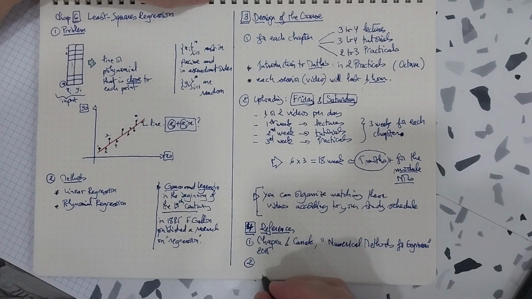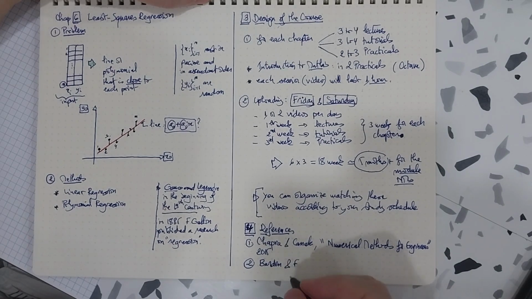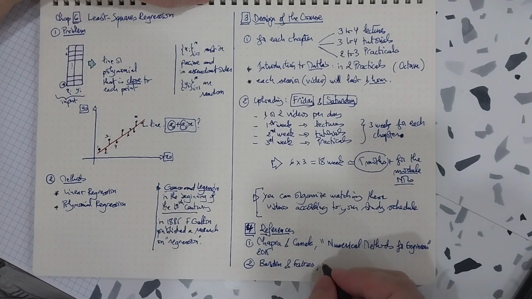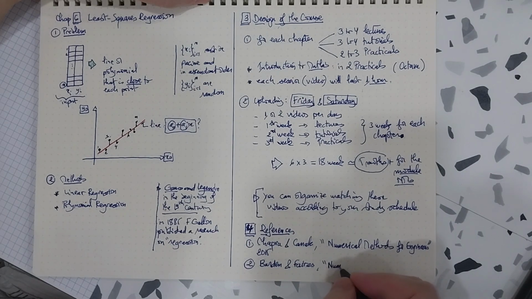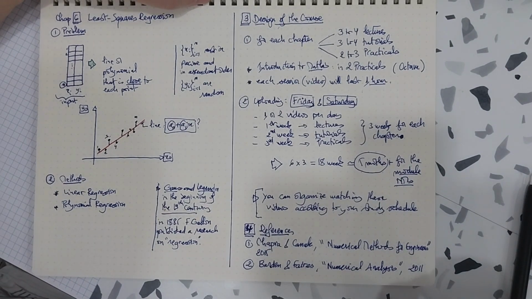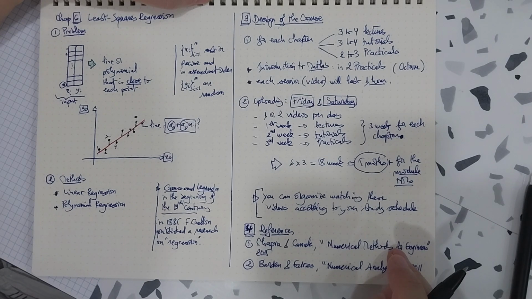And the second book is by Burden and Faires, or Fair, I don't know exactly the pronunciation, but with an S. And the title is Numerical Analysis. I have studied the 2011 edition. This book is republished and revised every 5-6 years, so you might find a more recent edition.